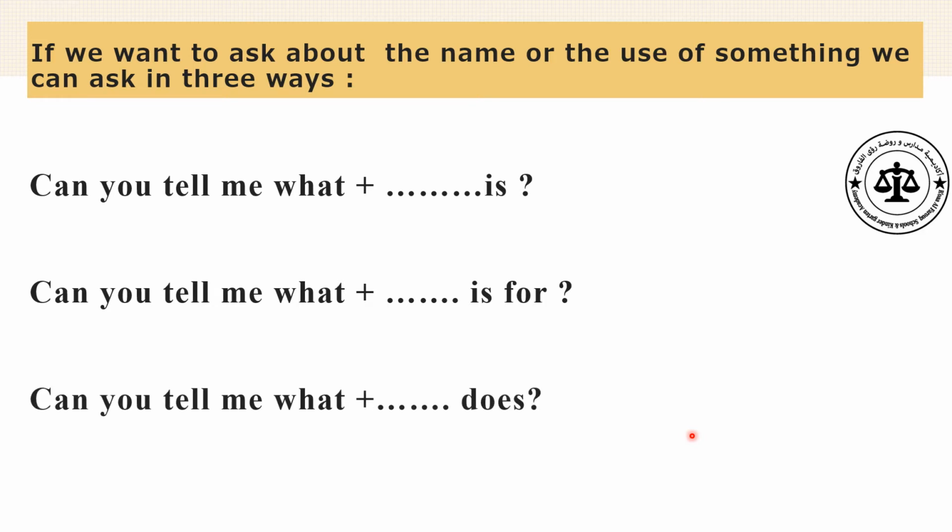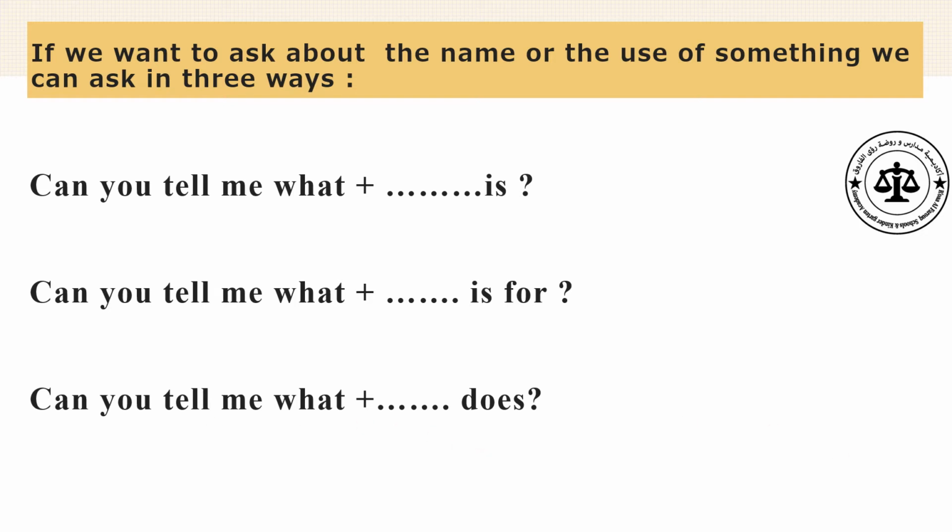This is the function. And can you tell me what the something does? So these are the 3 ways that we can use to ask about the function or the use or the name of something, like machines, levers, and buttons.